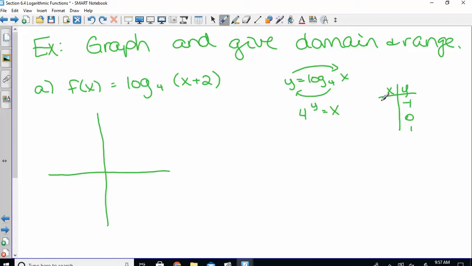What's 4 to the -1? 4 to the 0? And 4 to the first? 4. So we have 1/4. So this is my parent function, so I'm going to draw that dashed.